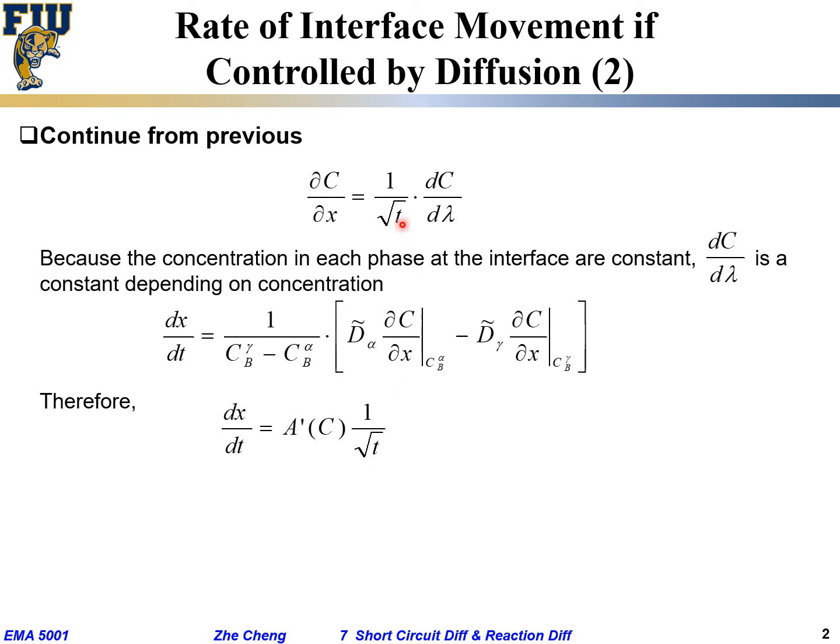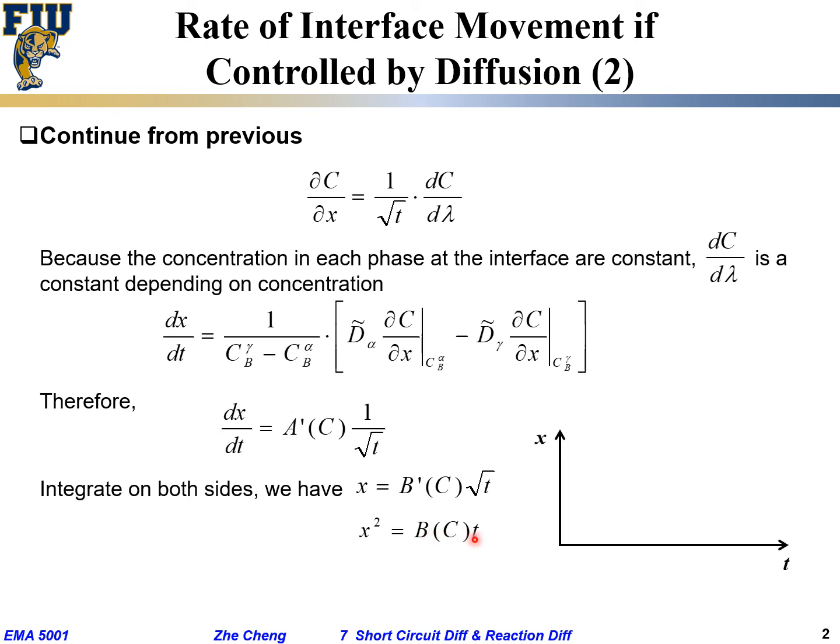It comes from here, square root of t. Okay, and if we do integration on both sides, we put dt to the right side. We're going to have the location be a function of square root of t. In another way, x squared would be a constant times t.